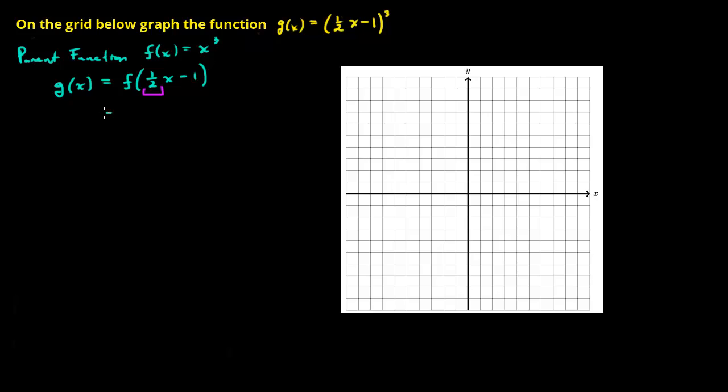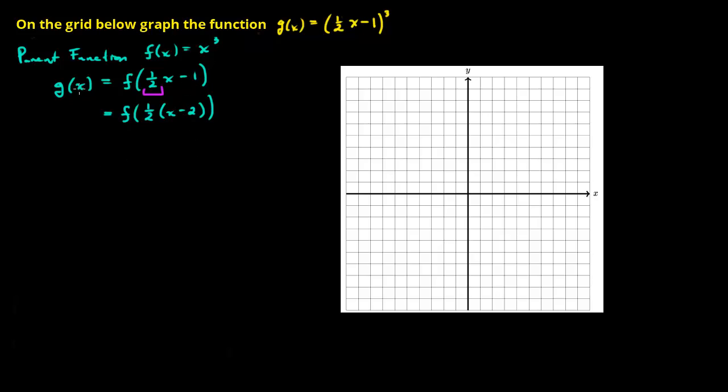So I have to write g of x as f of 1/2 times x minus 2. All that I did was divide 1/2 x by half to get x, and divide -1 by half. If you divide -1 by half, you get minus 2.